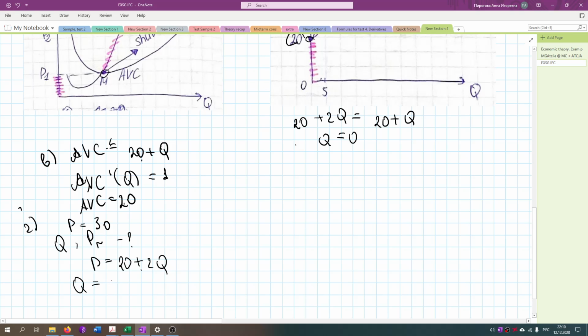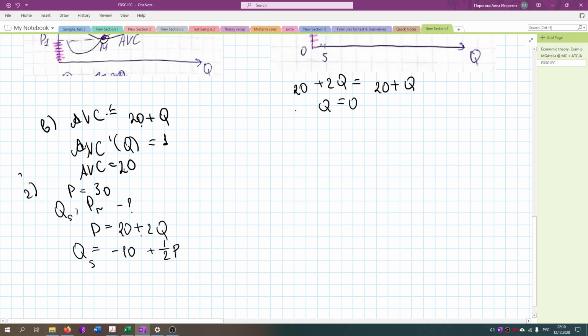Q is equal to minus 10 plus 1/2 of P, so we take the inverse function.